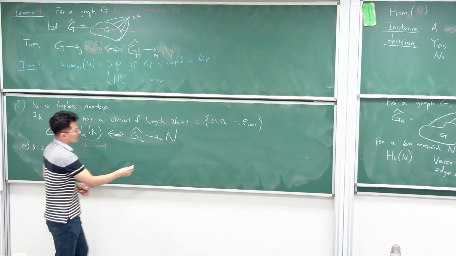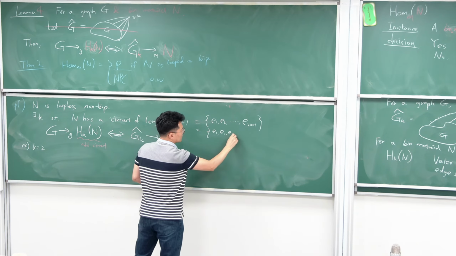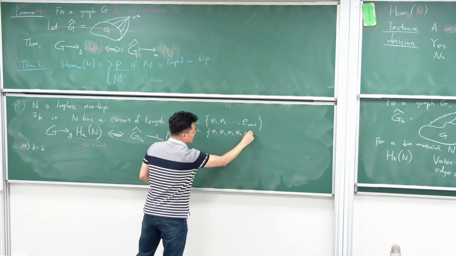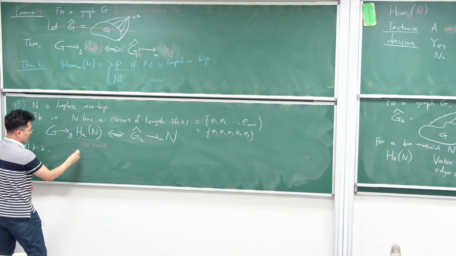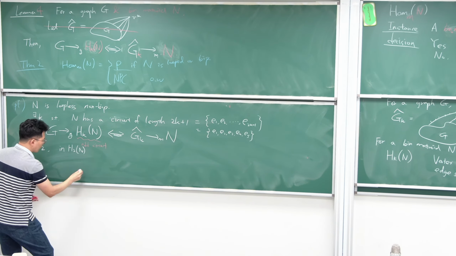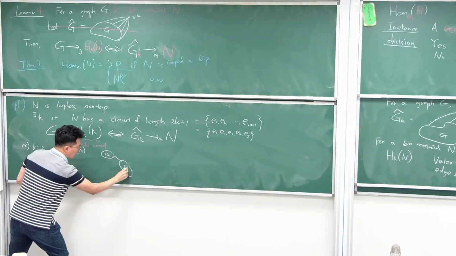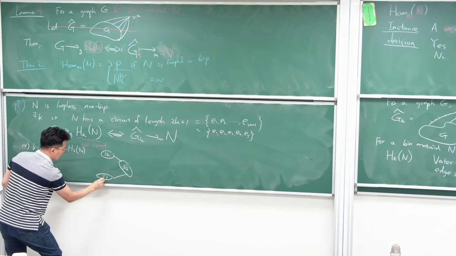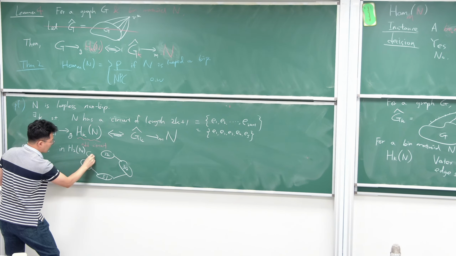So we have a 5-circuit in this matroid, and then in H_2(N) we have this cycle. So it's 1, 2, 3, 4, 5, 1, 2, 3, and 4, 5.